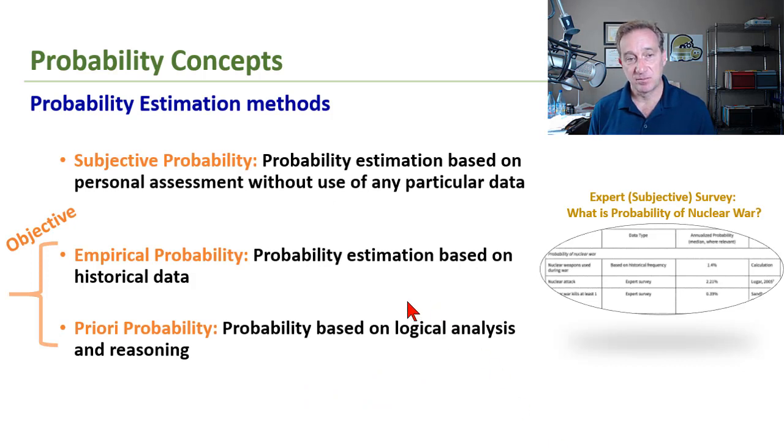So in terms of probability estimation methods, there are basically three approaches. The first is subjective probability, where the estimation is based on personal assessment without any use of particular data. And believe it or not, this is very common. For example, just last week, I was reading a blog that summarized an expert survey where they compiled questionnaires sent out to experts to determine the probability of nuclear war, obviously a catastrophic event.